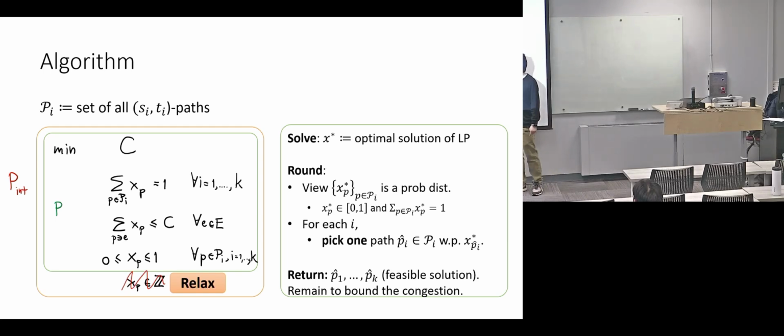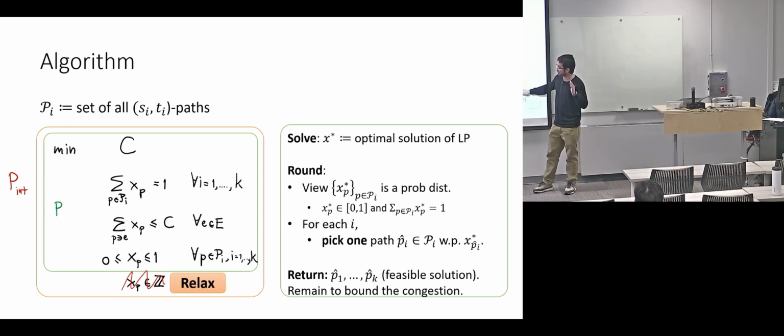Because every value here is between 0 and 1, and the sum is exactly 1. So this is a distribution among all paths for the demand i. So you just choose one path according to this distribution.